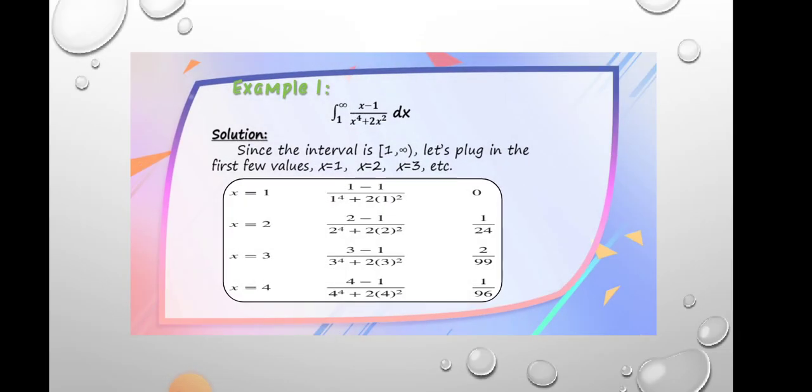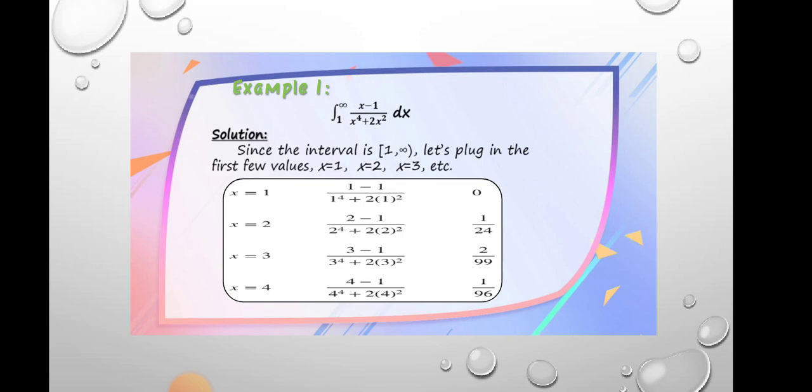So for example, number 1, the integral from 1 to infinity of x minus 1 over x to the fourth plus 2x squared dx. So the solution: since the interval is 1 to infinity, let's plug in the first few values. x is equal to 1, x is equal to 2, x is equal to 3, and so on.